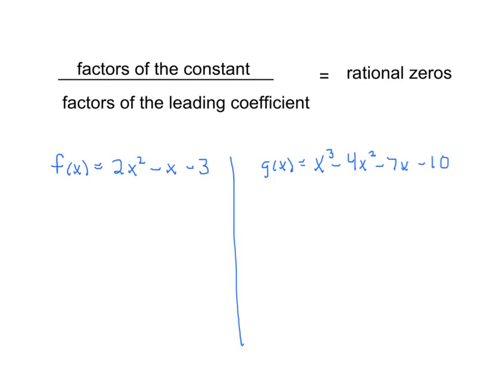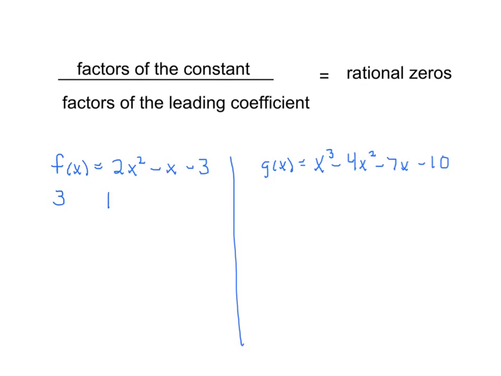So again, if you take the factors of the constant and you divide by the factors of the leading coefficient, you get any rational zeros that might exist. Now some of them won't be rational zeros, but if there is a rational zero, it will be in this group of options. Let's look at f of x. f of x, we have factors of the constant are 3 and 1.